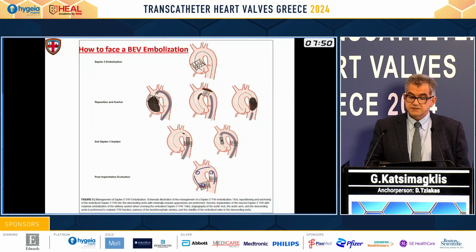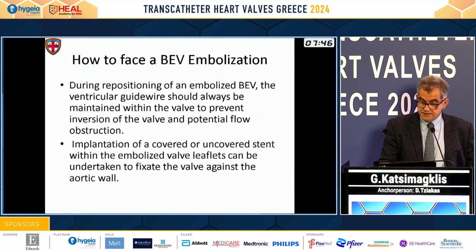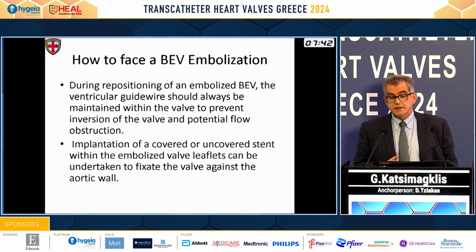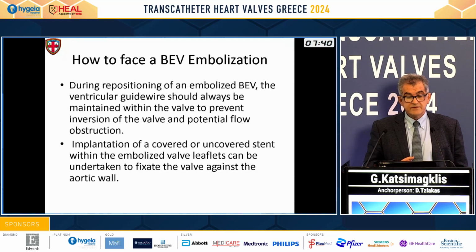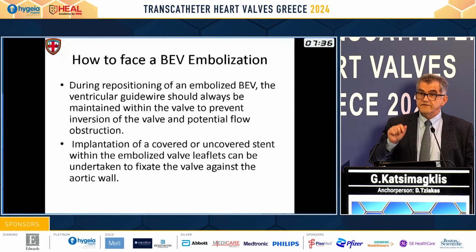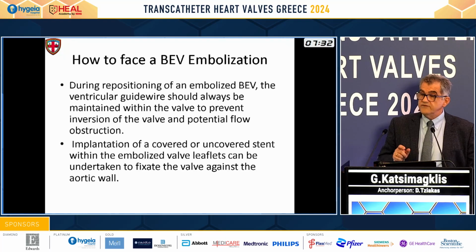After that, we try to pass a second valve inside this valve. During repositioning of this embolized valve, the ventricular guide wire should always be maintained inside the valve so as to prevent inversion of the valve and potential flow obstruction.